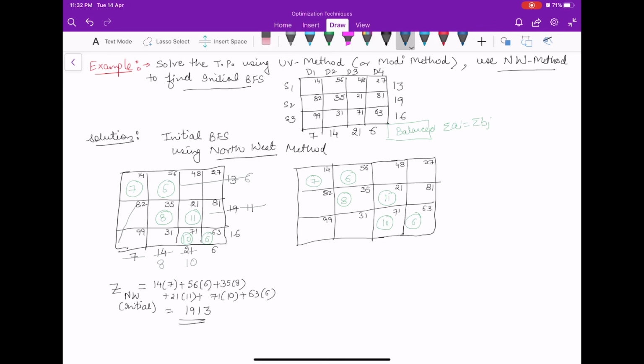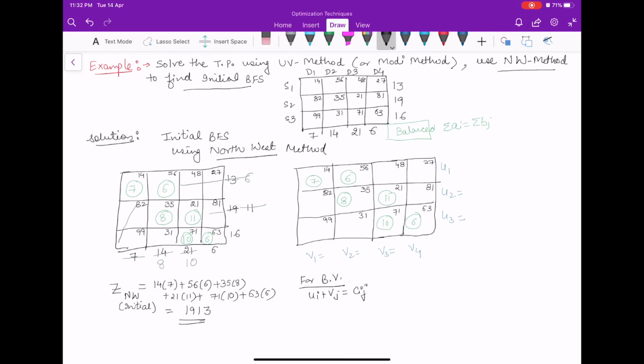You can write separately, or maybe you can write in the table itself, right aligned or left aligned: V2, V3, V4. Because this is a basic variable, we already know that for a basic variable, Ui plus Vj should be equal to Cij.